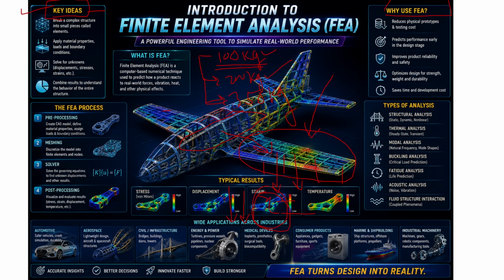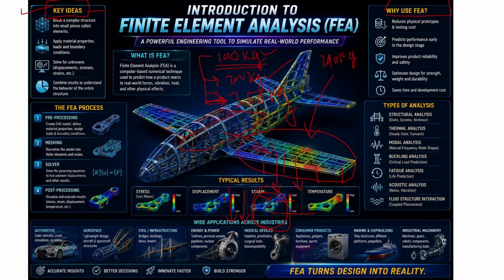Then I have to check whether it fails at 350 or 300 or 325 or 290. This way I can perform multiple iterations, and I'll come to know the exact value where the wing fails. So I don't need to create a physical prototype. I can just do a CAD simulation, and get a result like, yes, at 290 kg the wing fails.